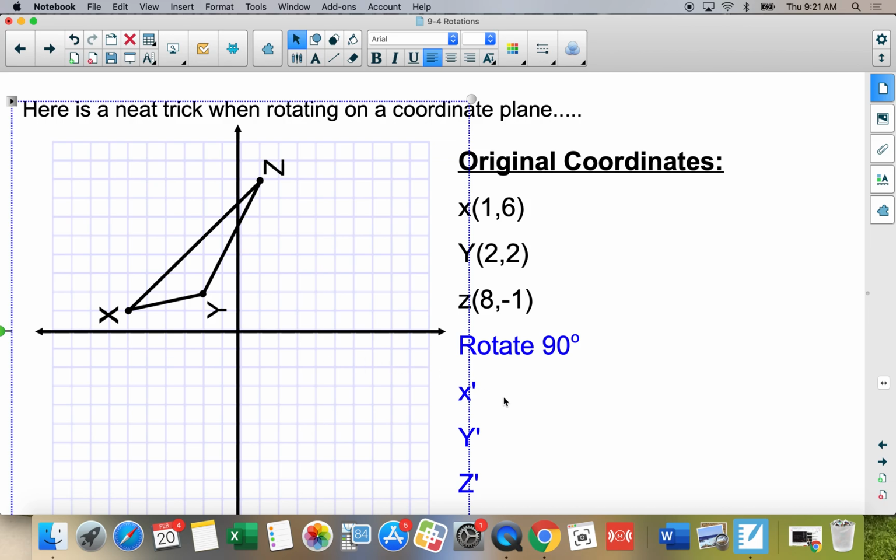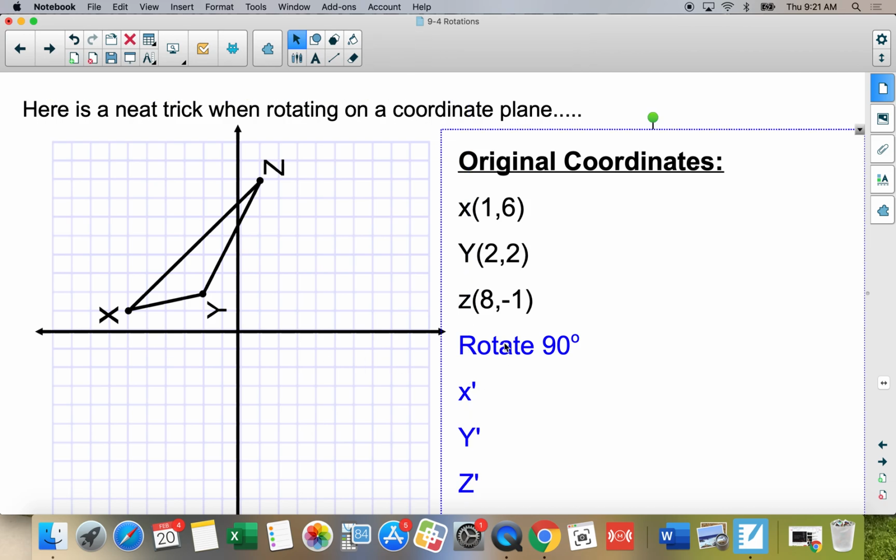Okay. And then I'm going to come over to my chart over here, and I've got X prime, and I'm just going to read X where it is. So if I come over here, you're going to notice that the X right here is -6, +1. So I'm going to write -6, comma 1. I'm going to read it like it's normal. I'm going to go down to my Y. My ordered pair is, yes, -2, 2.